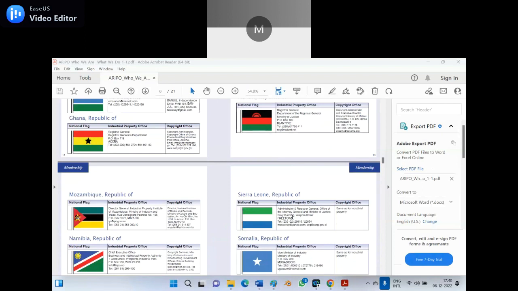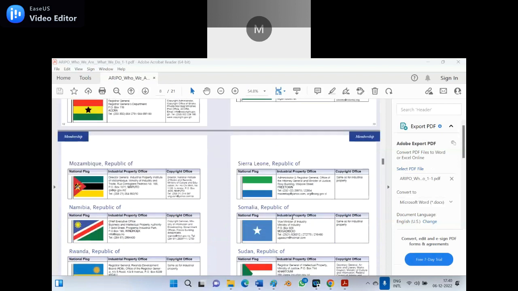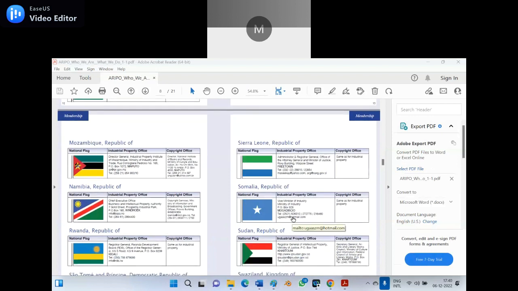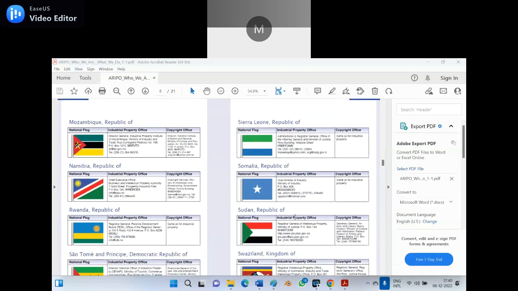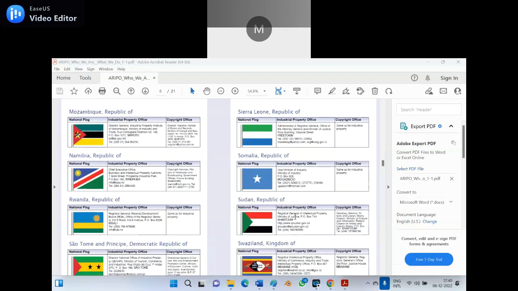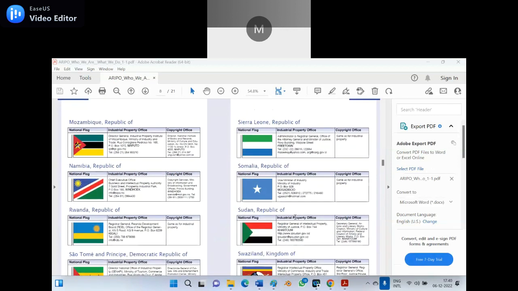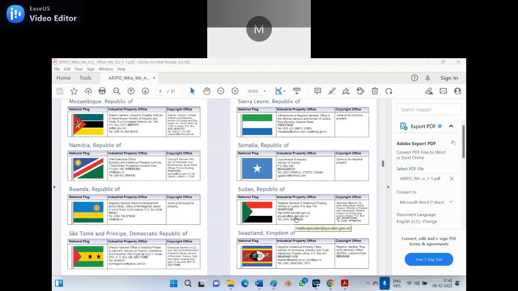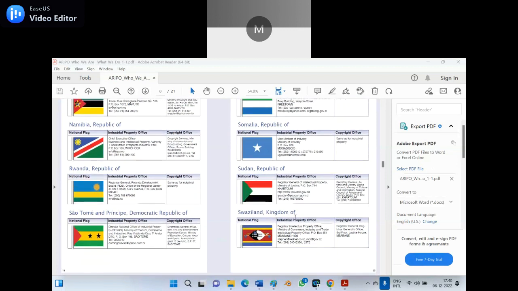Yes, down below we can also see Sierra Leone, Somalia Republic and Sudan Republic. Then we can see Swaziland, Kingdom of Swaziland. On the left hand side you can see Mozambique, Namibia, Rwanda, and Sao Tome and Principe, Democratic Republic of.